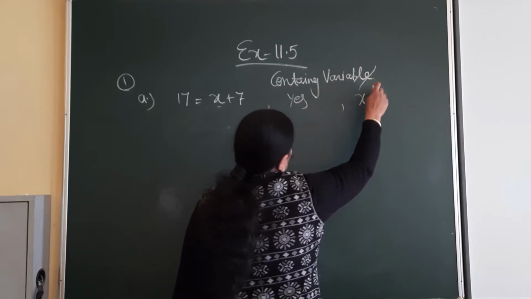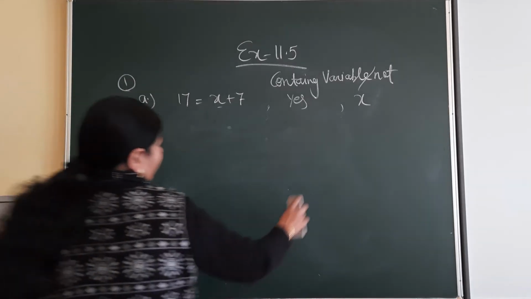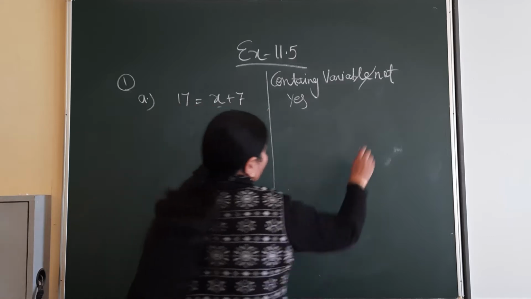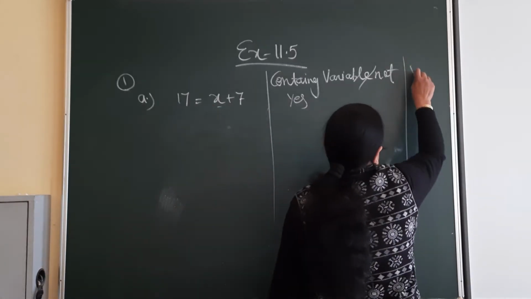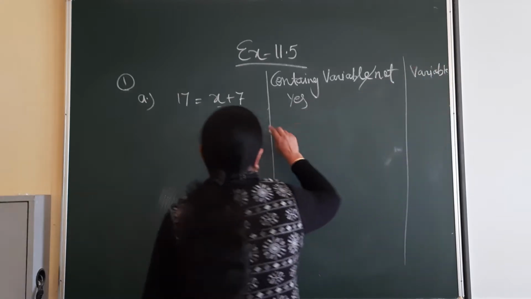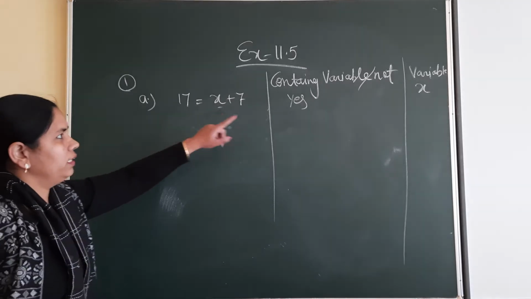Variable and then give slash not. After that in the next column we have to identify which variable is there. So what we do now? Just write here variable. So here we are containing x in this equation, so write there x.